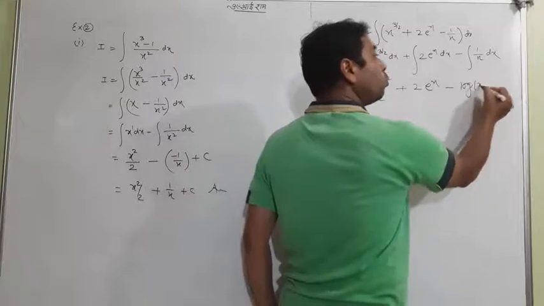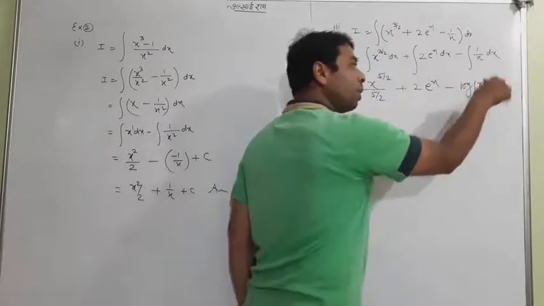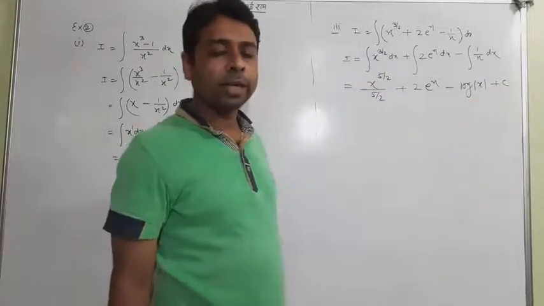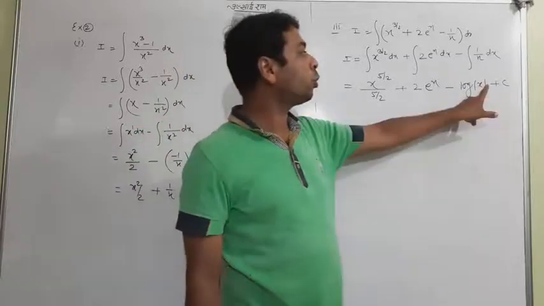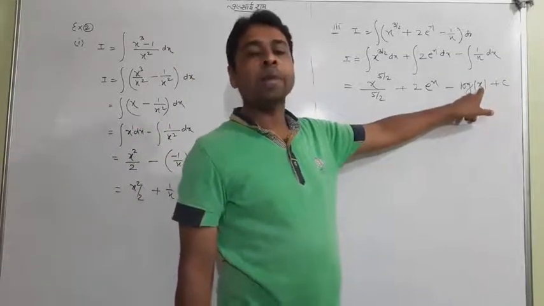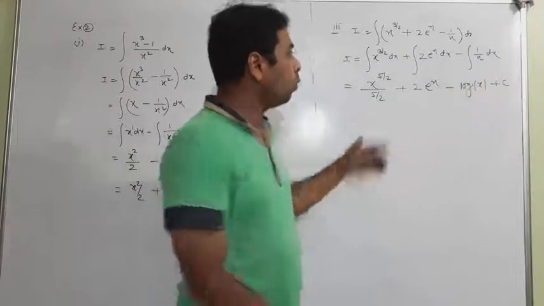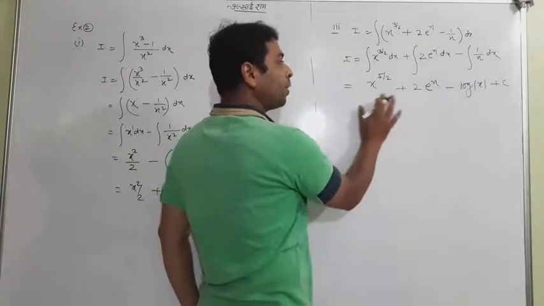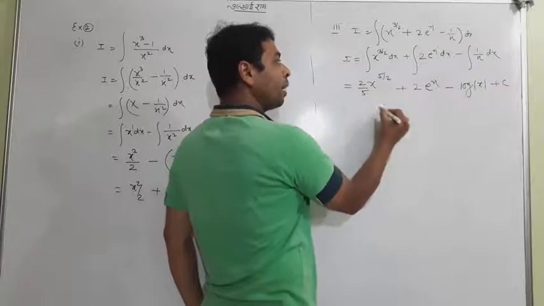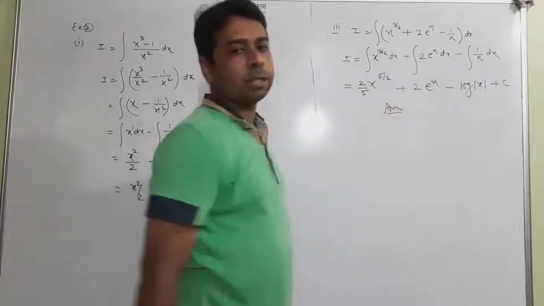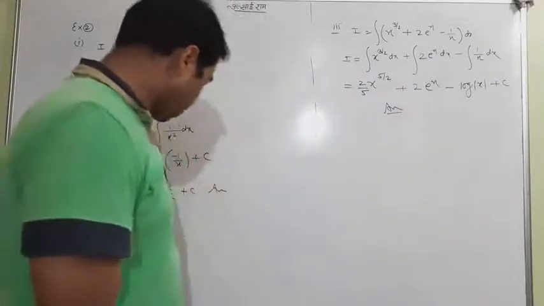I also taught you that you have to use the mod in the case of log, because it indicates that log operates only on positive values. So this is the whole answer. 5 by 2 can now be written in the next step as 2 by 5, and this is the final answer of the question. So this is a very easy concept.